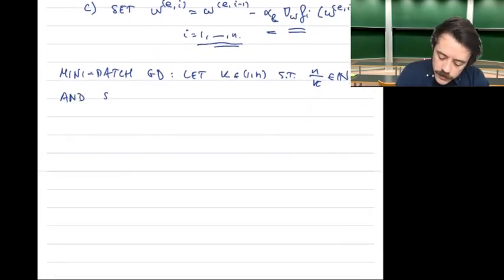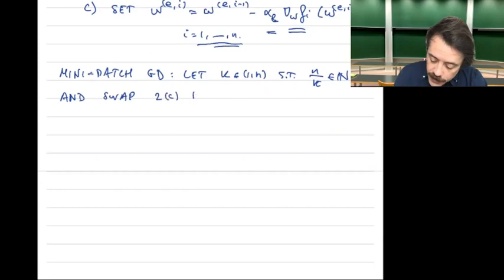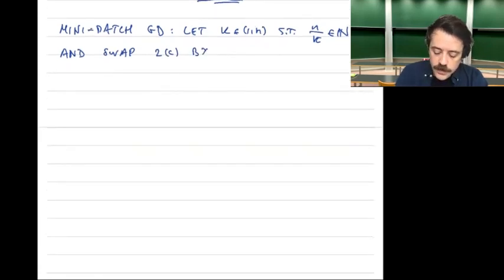We swap C by the following: rather than having i, we now have k.